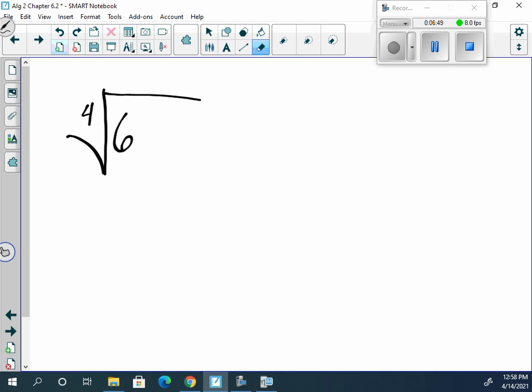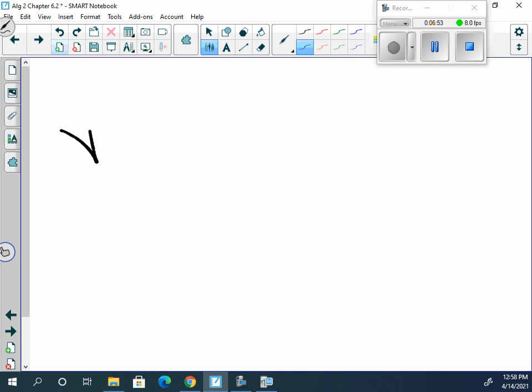Let's try this again. So the cubed root of 64e to the 9x. How would we simplify this here? Can I simplify the cubed root of 64?